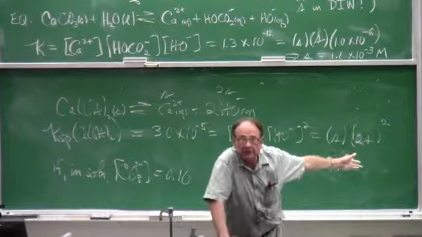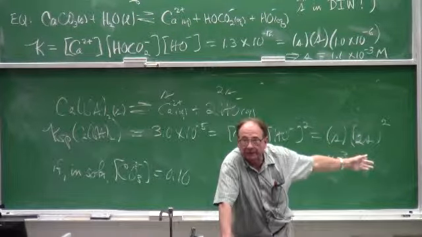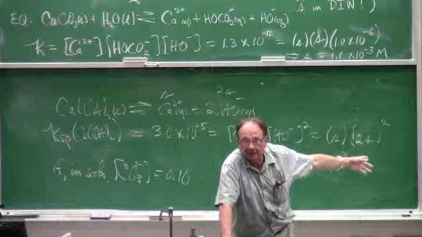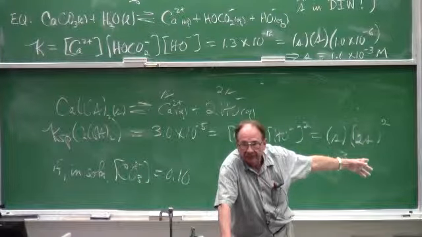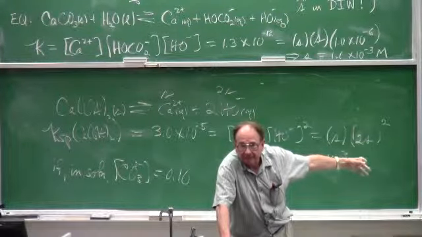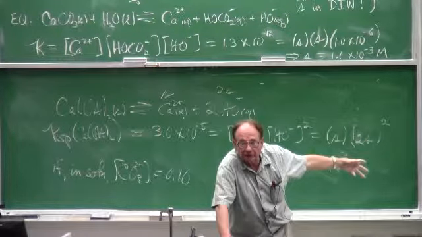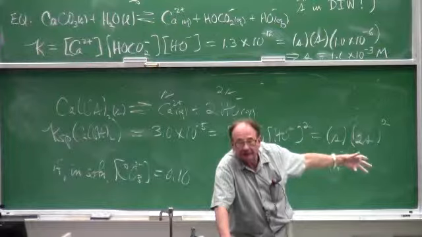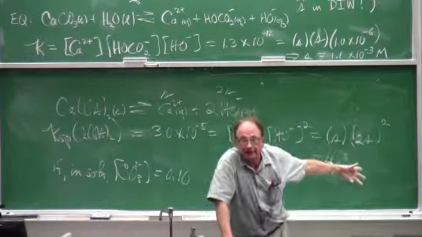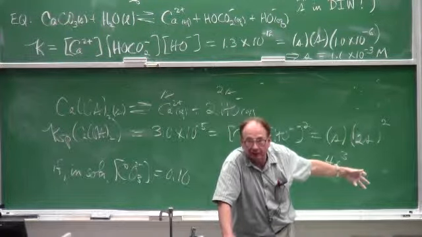We just found that 10th molar sulfate ion does a far better job of finding calcium ion than 10th molar hydroxide ion, because the solubility of calcium sulfate in 10th molar sulfate ion is a lot smaller than the solubility of calcium hydroxide in 10th molar hydroxide ion.